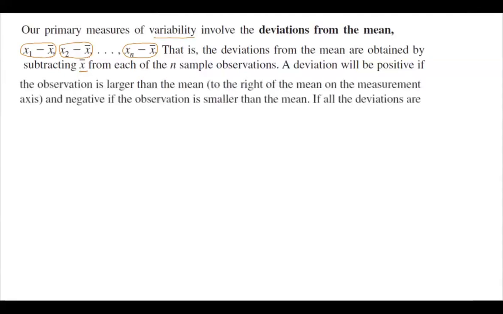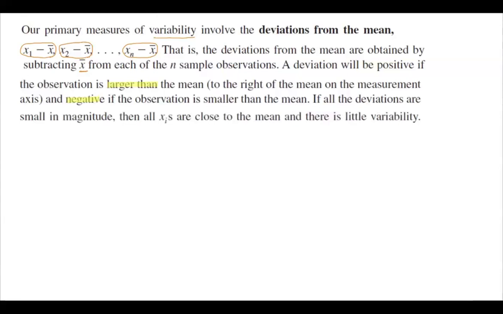A deviation is positive if the observation is larger than the mean. Otherwise, it's going to be negative. And if it's equal to the mean, it's going to be 0.